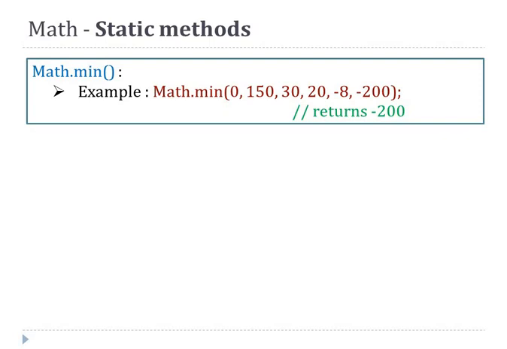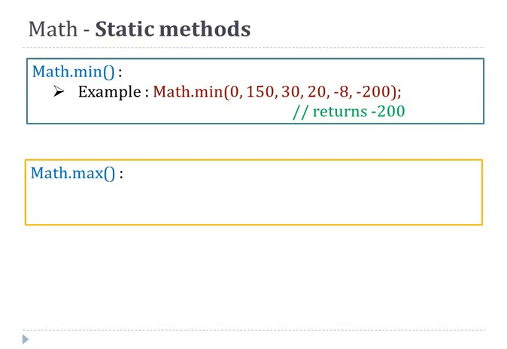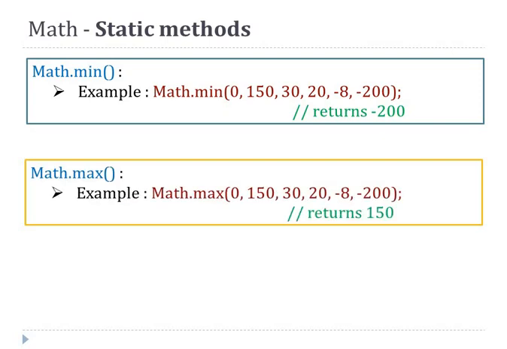That means over here 0, 150, 30, 20, -8 and -200. So -200 is the minimum, and it will just return that value. And the exact opposite of this function is Math.max, simple, it will return the maximum value of whatever numbers you pass as parameters to that function.